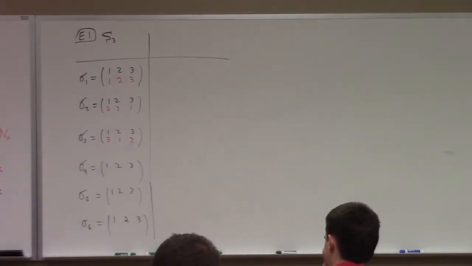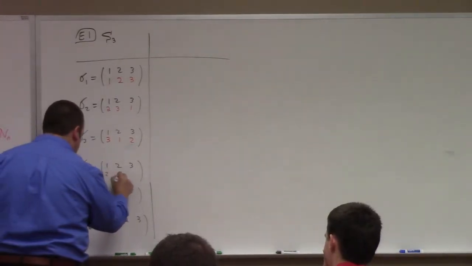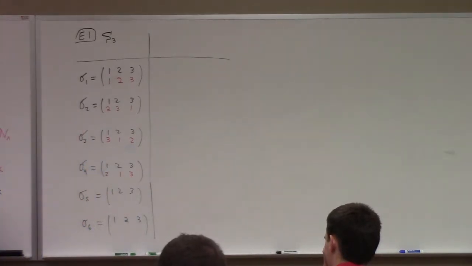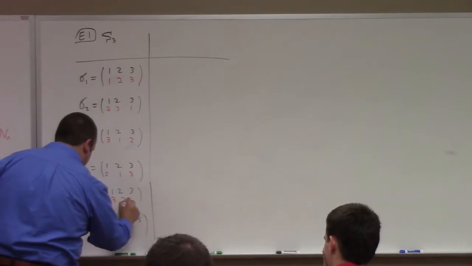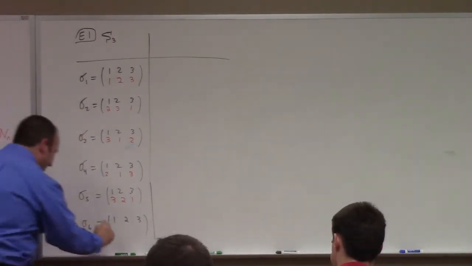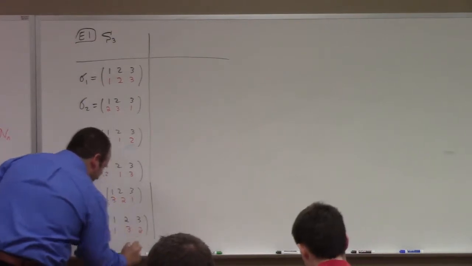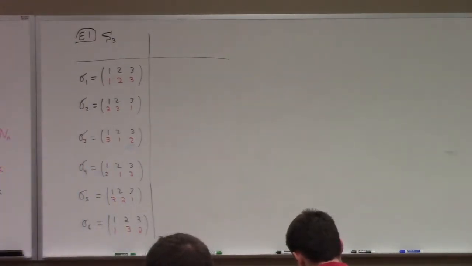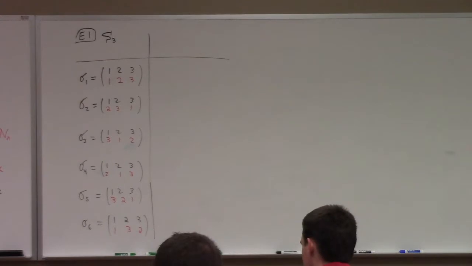You could do 2, 1, 3 for the outputs. You could do 3, 2, 1 for the outputs. You could do 1, 3, 2 for the outputs. Those are your distinct ordered triples from 1, 2, 3.